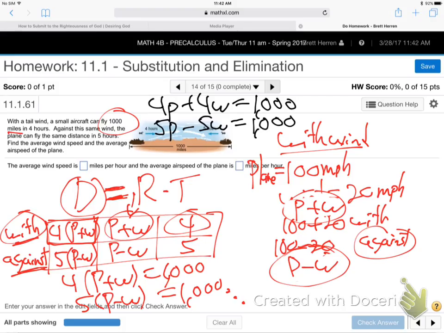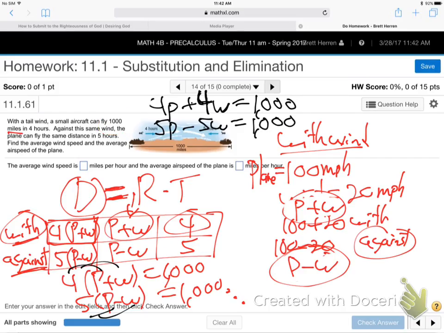So there it is. I just distributed the 4 and the 5. Now how am I going to solve these 2 equations? You can type them in your graphing calculator, or I'd probably do the addition method. I could make both of these into 20, couldn't I? Do you know what I mean?